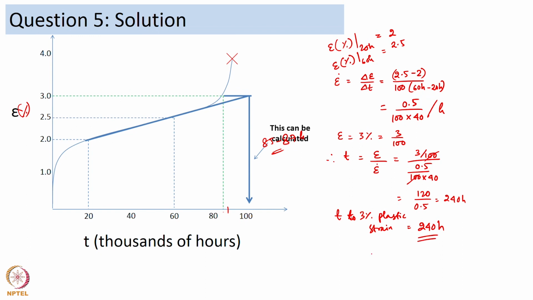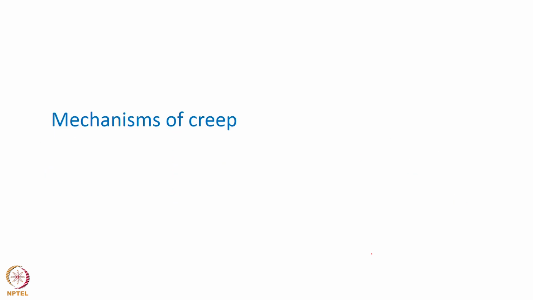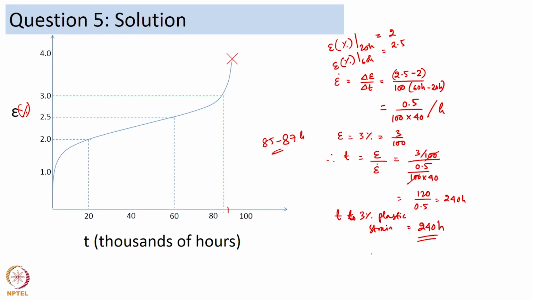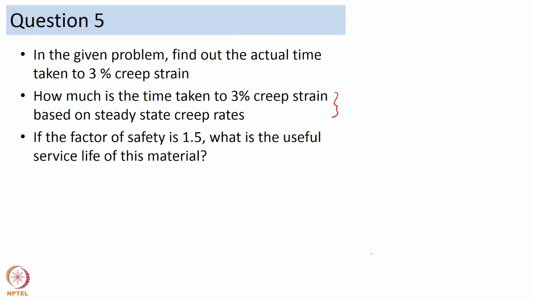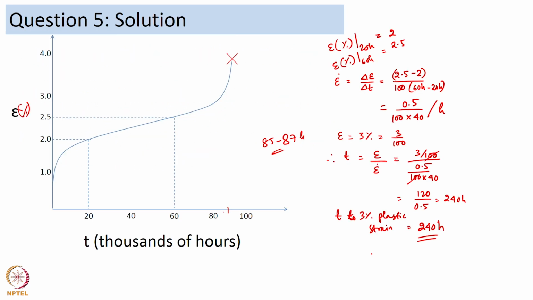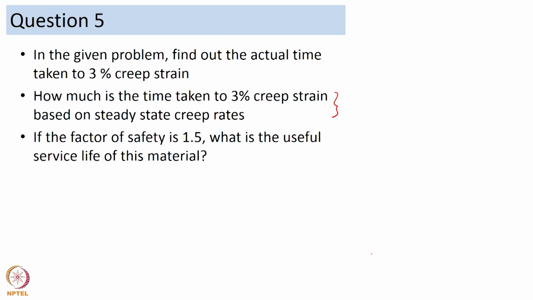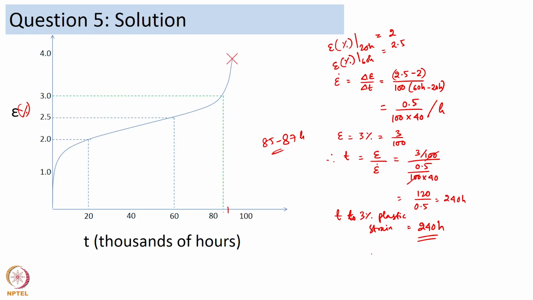So, that was part 2 of the question, and then let us look at part 3, which is the factor of safety. If the factor of safety is 1.5, what is the useful service life of this material? We are talking about 3% creep strain, so the factor of safety we are going to use is with respect to 3% creep strain.